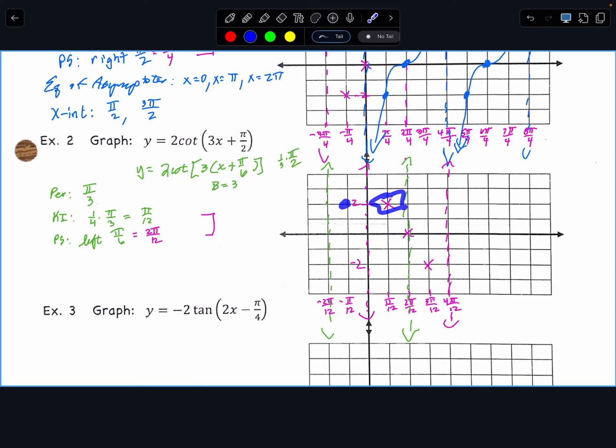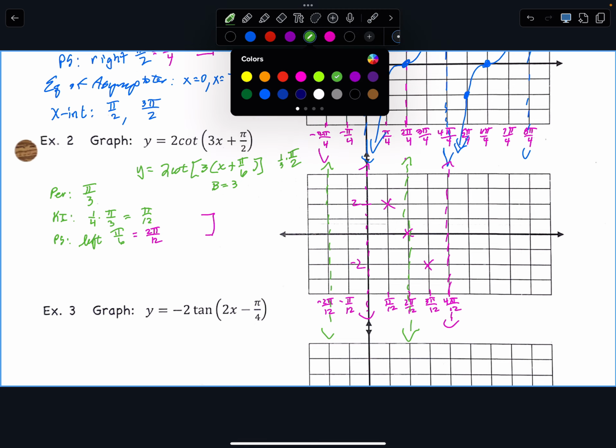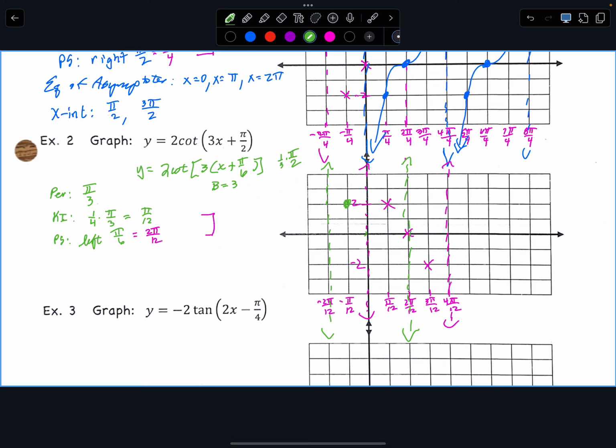And each of these points are going to go to the left 2. So they'll be in those 3 spots. And there we have one footprint of cotangent.